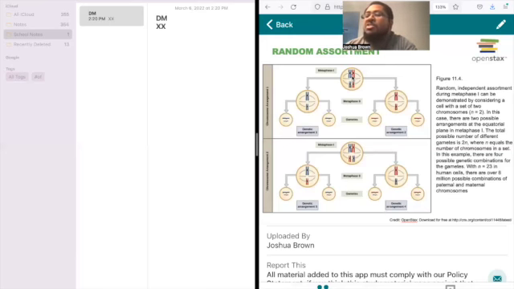So they're all going to line up in the cell. This is 1 set here, this is 2 sets here, all the way down until you have 23 pairs, a total of 46. They're all replicated, all in this X shape here.